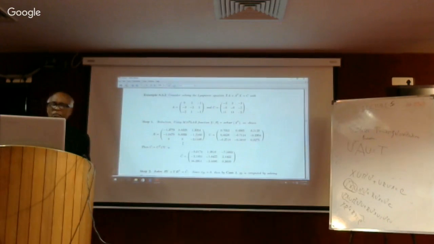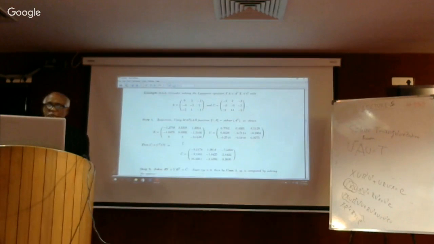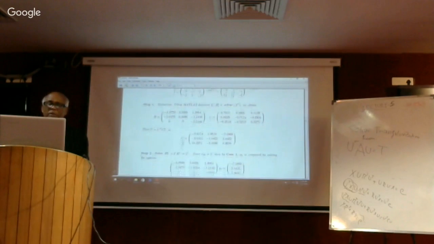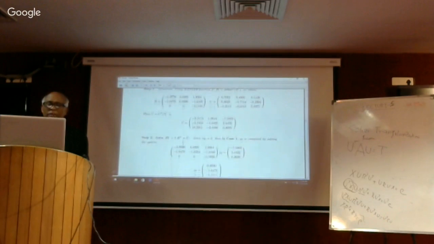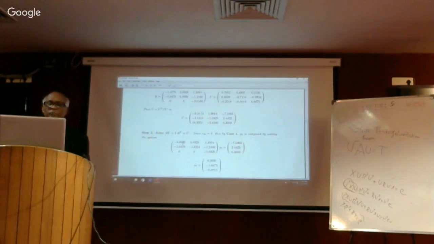And this is how your C hat looks like. So now, since there is a 2x2 block and there is one scalar, what should we do? Well, the scalar corresponds to the column y3 of the matrix Y. So we compute that first.